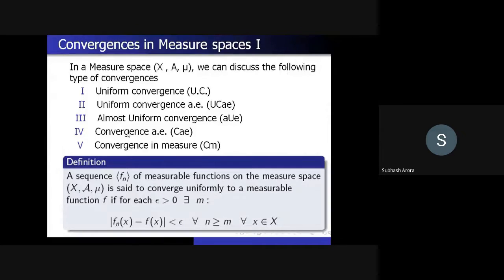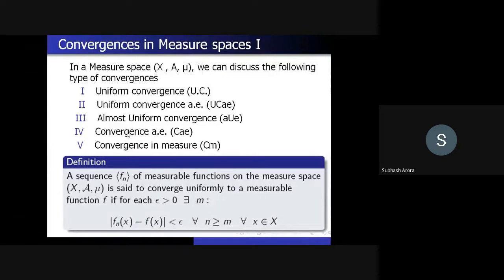If A belongs to the collection A, then X minus A also belongs to it, and the union of An, n going from 1 to infinity, also belongs to A if each An belongs to the collection A.